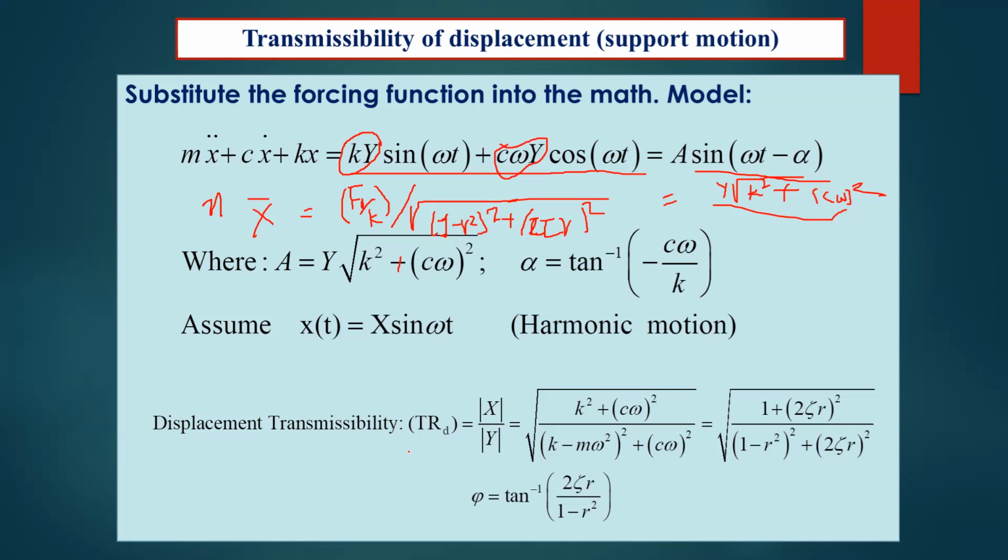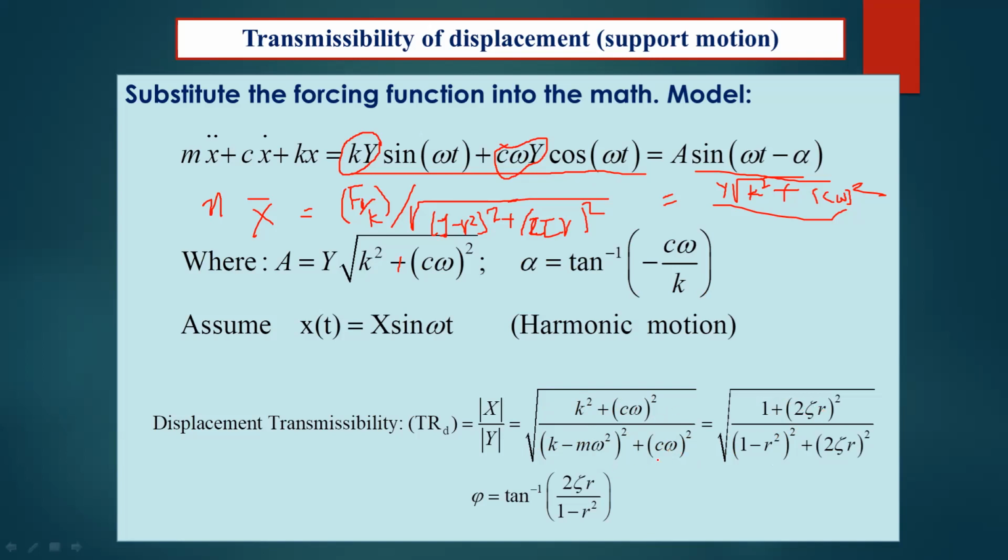Look carefully. Where we had F naught, we substitute A. And what did we say A is? The radical of k Y squared plus cω Y squared, the Pythagorean theorem. Sine and cosine have a 90 degree difference, so one is perpendicular to another, and the resultant of the two amplitudes kY and cωY gives us the maximum amplitude. So A is simply Y times the radical of Y squared times k squared plus Y squared times (cω) the whole square. When k is taken out, we have k squared times 1 plus (cω over k) the whole square, and cω over k is 2 zeta r.